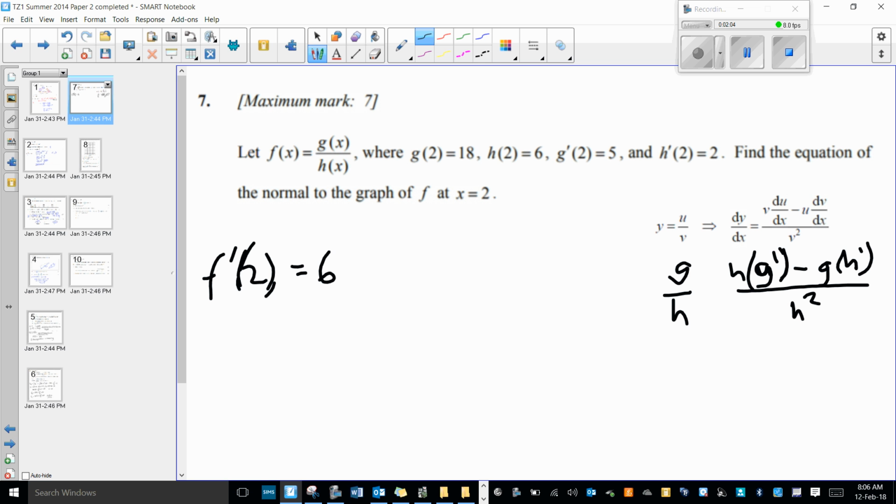Right, so h, the value of that was 6. Let me see if I can color code this. So that's 6. And then we're timesing that by g', which is 5. And then we've got minus g, which was 18, multiplied by h', which was 2, over h squared.